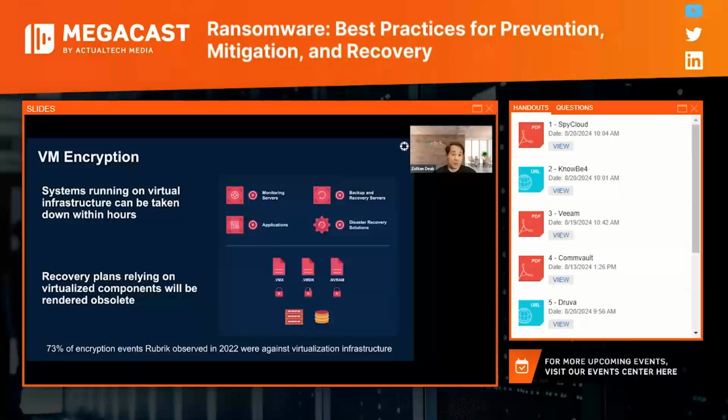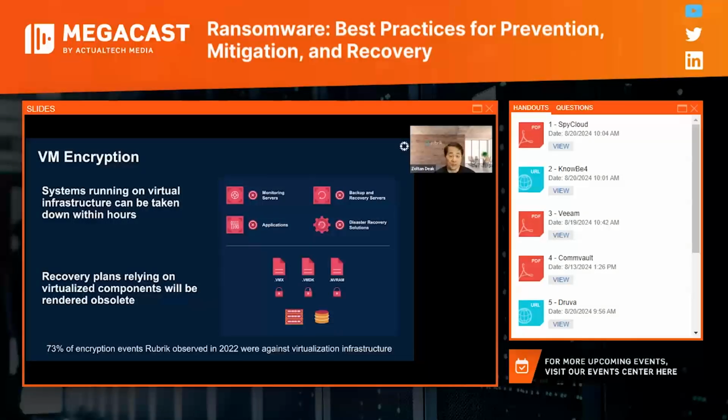So if double extortion is about layering a second form of extracting a ransom on top of the first by adding data theft to data encryption, let's also talk about how attackers can target their attacks to do major damage. Now, it's no secret organizations are increasingly relying on virtualization. As critical infrastructure and business systems continue to be virtualized, threat actors have responded in kind by deploying ransomware that impacts hypervisor software.